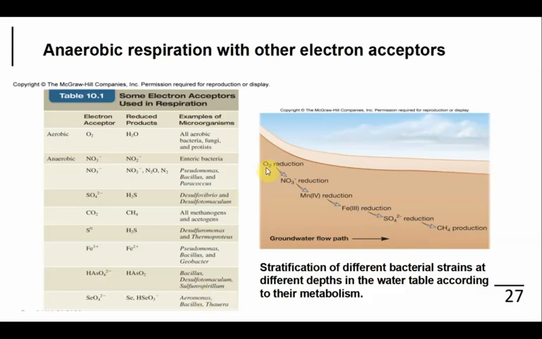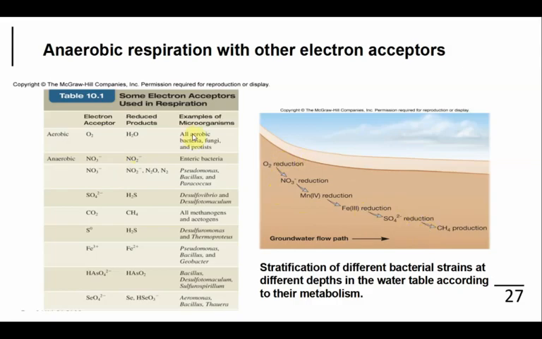Then at some point, all the oxygen is going to be depleted. Then what's going to happen? Then some bacteria will switch over to anaerobic respiration, using first nitrate, then manganese if there's any around, then iron if there is any, then sulfate, and then finally CO2 as the electron acceptor.